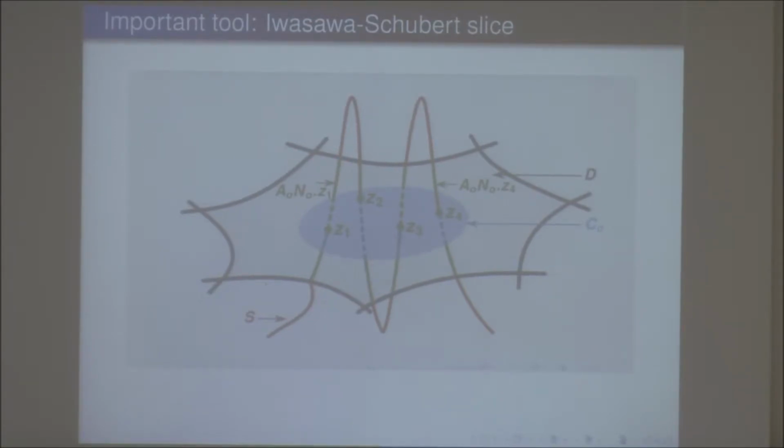Take any Iwasawa decomposition and take any Borel containing A0, N0. Now there are many reasons to take those kind of Borels. One, you can just say, these are the best Borels from the point of view of the real structure. Right? Because that's one way of thinking about it.